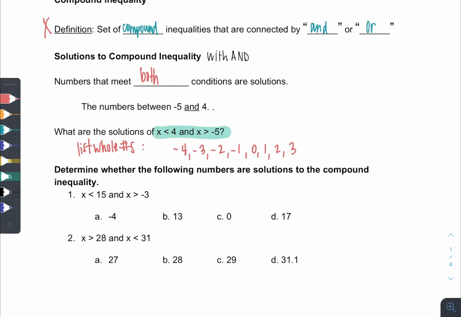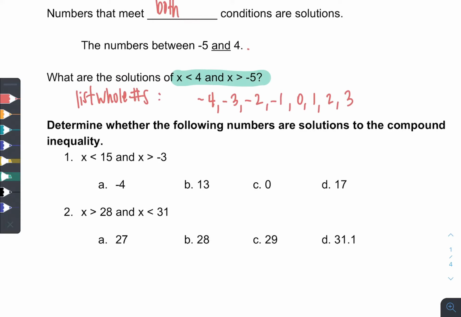We're actually going to go through and determine whether these are solutions. The way we're going to do that is by plugging and chugging. Let's start with our first one here. We have x is less than 15 and x is greater than -3. Let's plug -4 in to see if it's a solution.